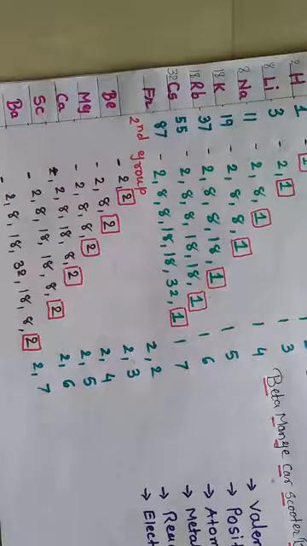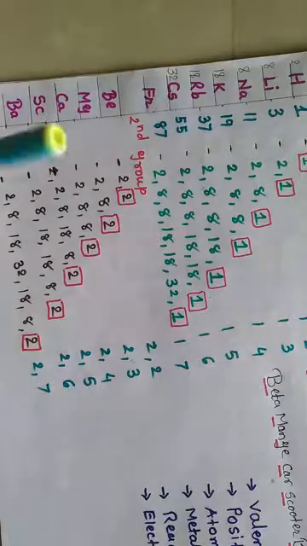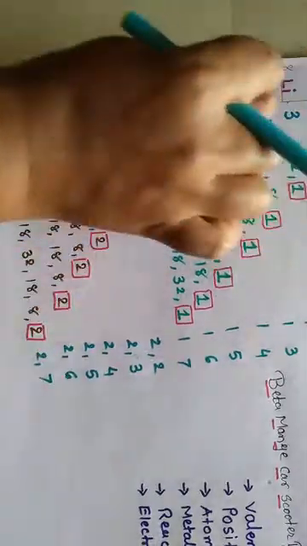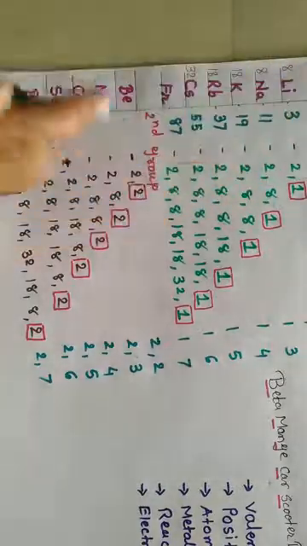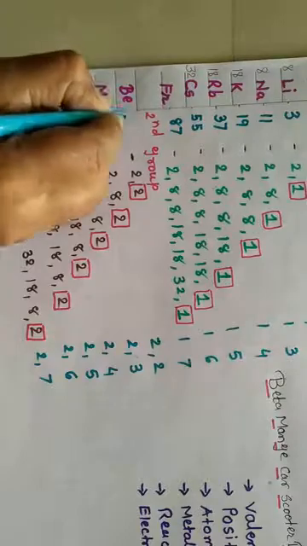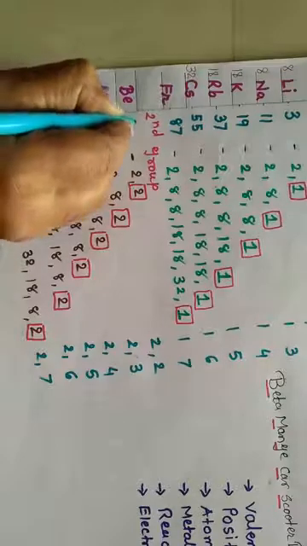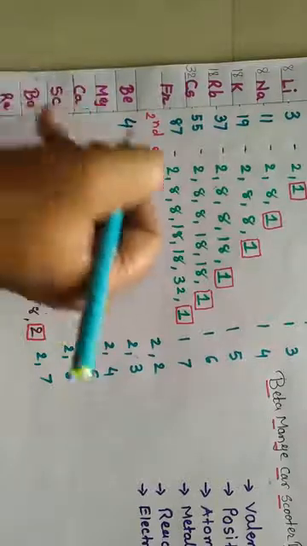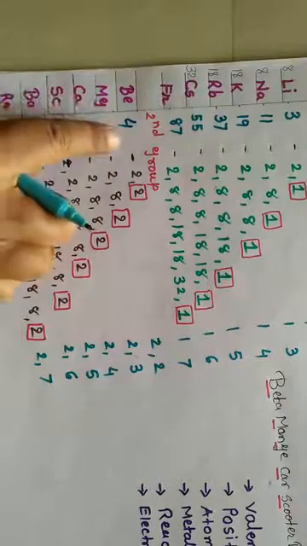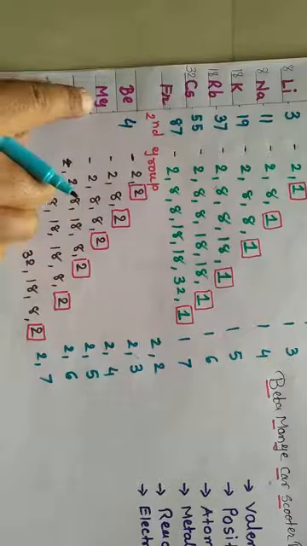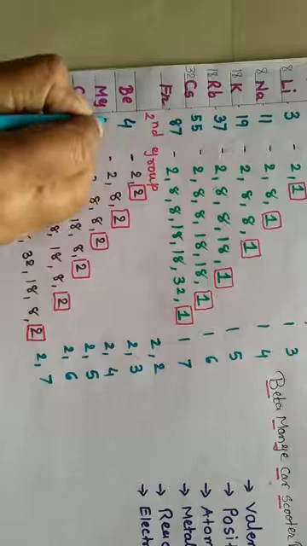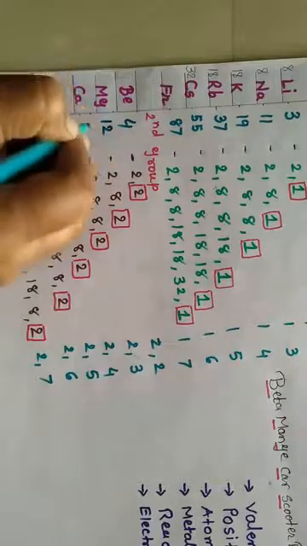Now we will write down the atomic numbers of all these, and we will follow the same pattern 2, 8, 8, 18, 18, 32. We know that after lithium, the second element is beryllium, so the atomic number is 4. Now we add 8 to 4, so 8 plus 4, the atomic number is 12.